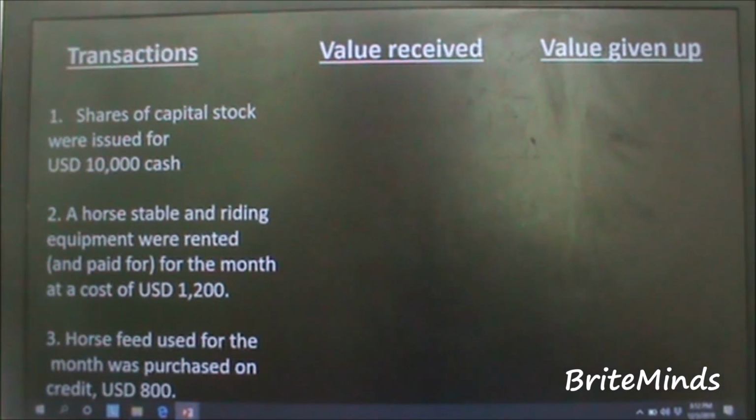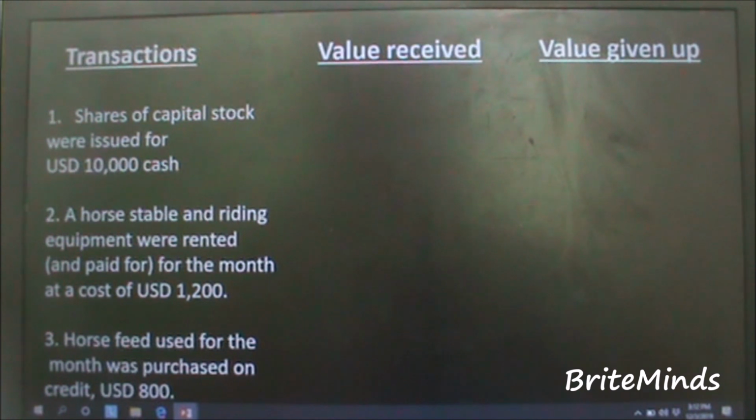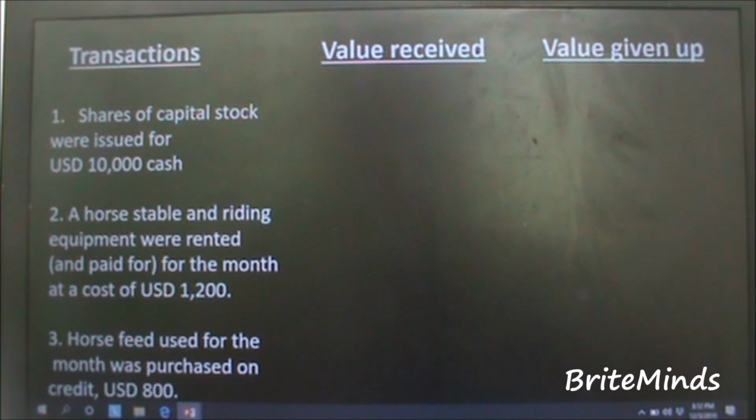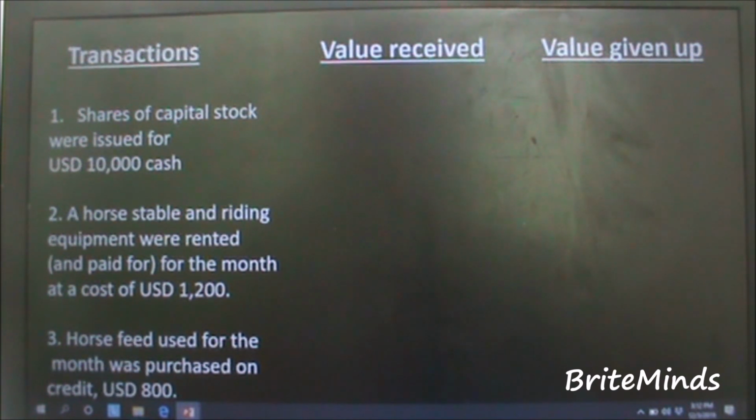I have here different transactions in which we are going to analyze what is the value received and the value given up. So the first transaction states that the shares of capital stock were issued for $10,000 cash.